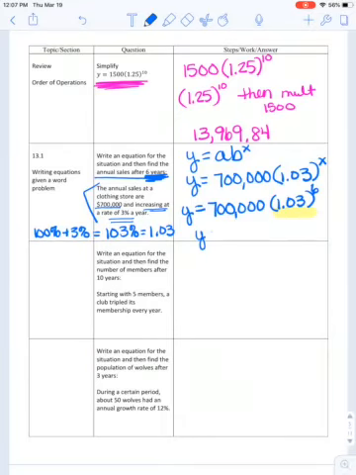Okay, and we are going to find out that it is $835,836.61.